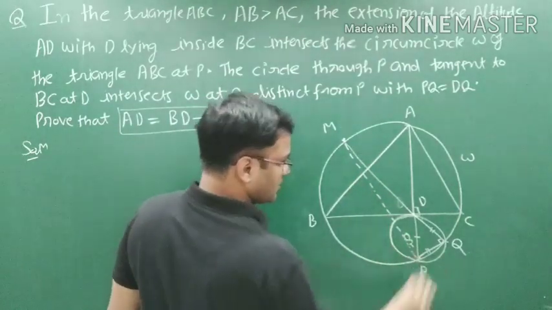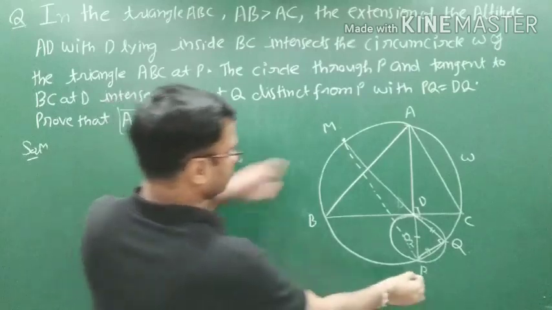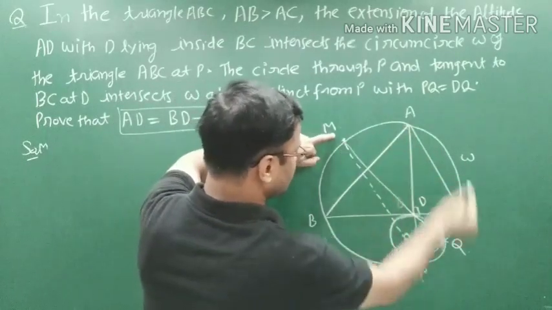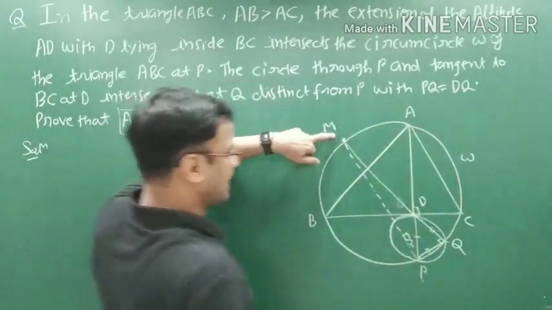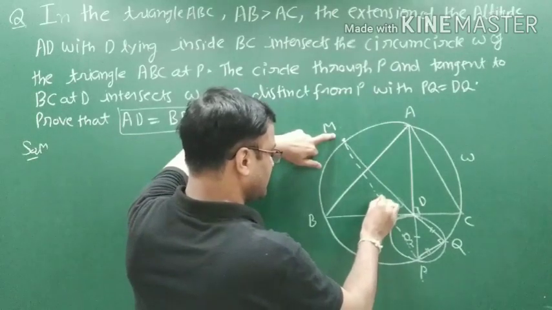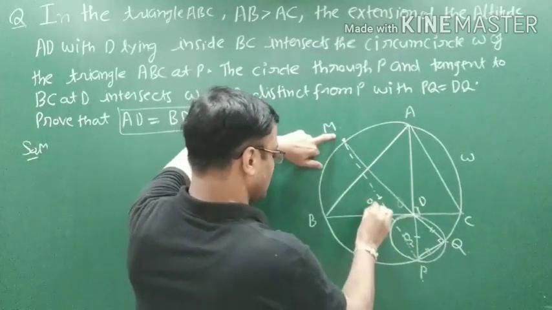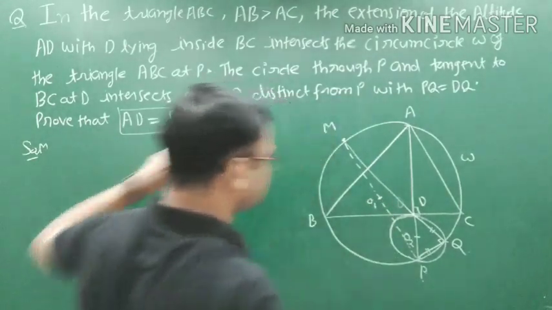Because this angle is 90 degrees, PM becomes the diameter of the first circle, and then definitely the center of the first circle lies on PM.